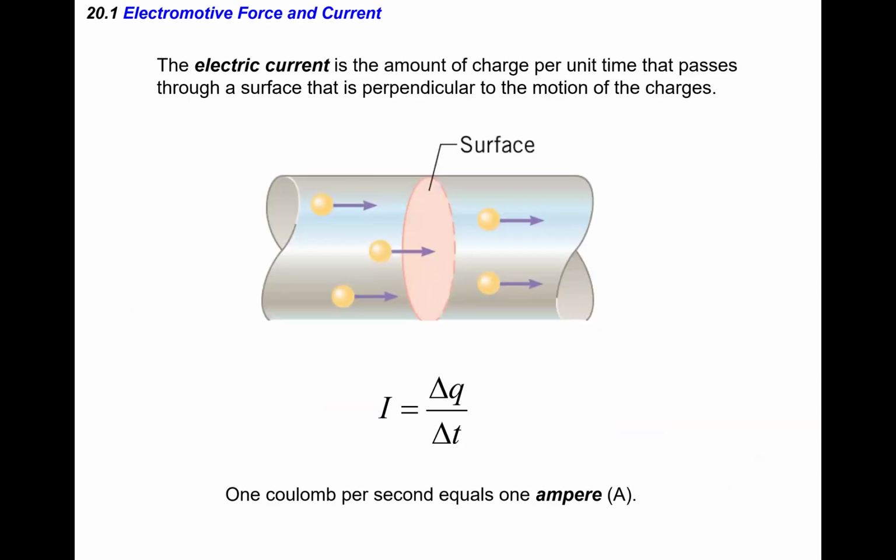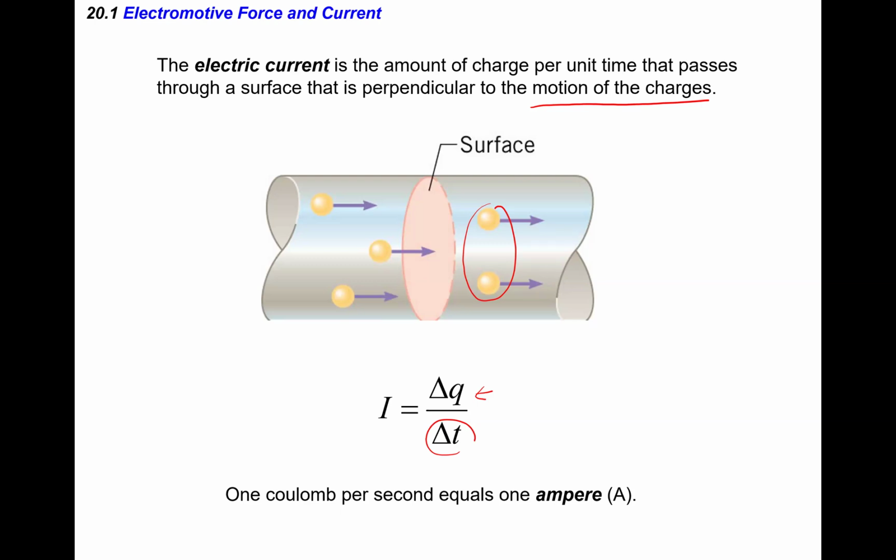Now here, we did this in our lab yesterday, so you know what current is. Current is the motion of the charge, and it's given by this equation: current I is equal to delta Q over delta T. So you can count how many charges go through this surface in this amount of time.